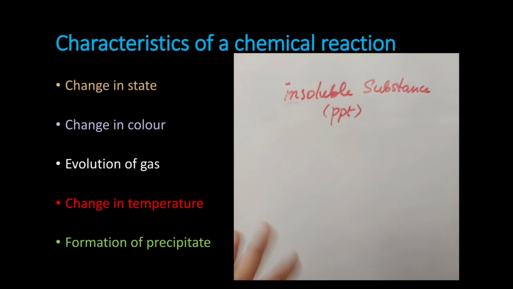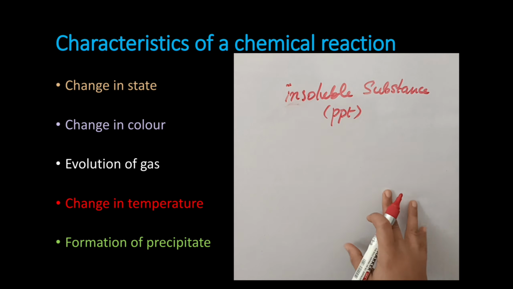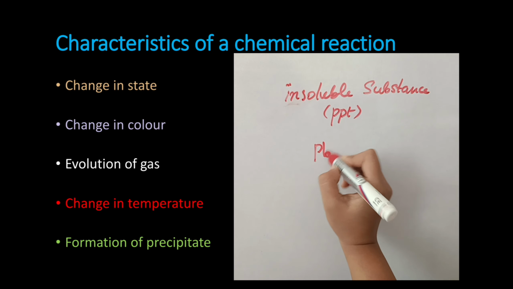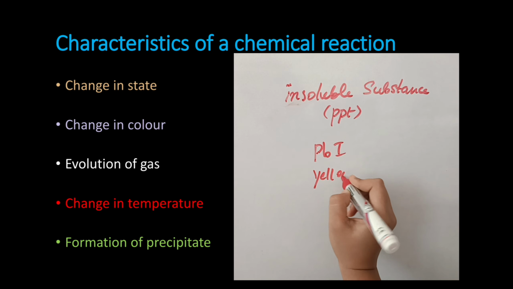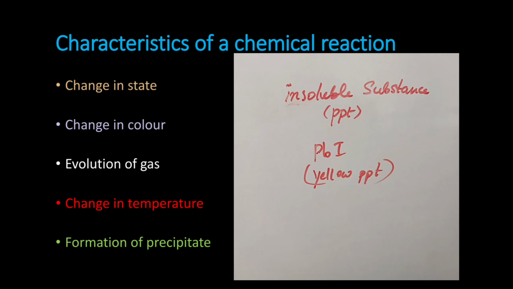If there is any formation of PPT, it means a chemical reaction had occurred. In this chapter, you have the example of lead nitrate reacting with potassium iodide, where you get lead iodide, a yellow PPT. This is the example for the formation of PPT.